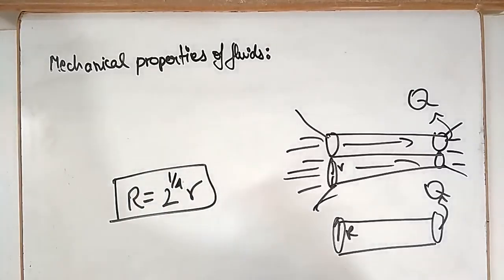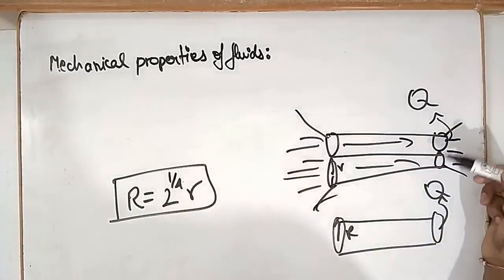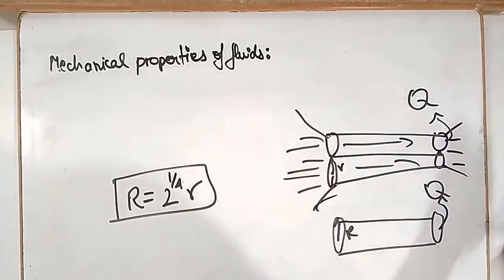So this is the relation between two capillaries in parallel and the equivalent capillary radius.